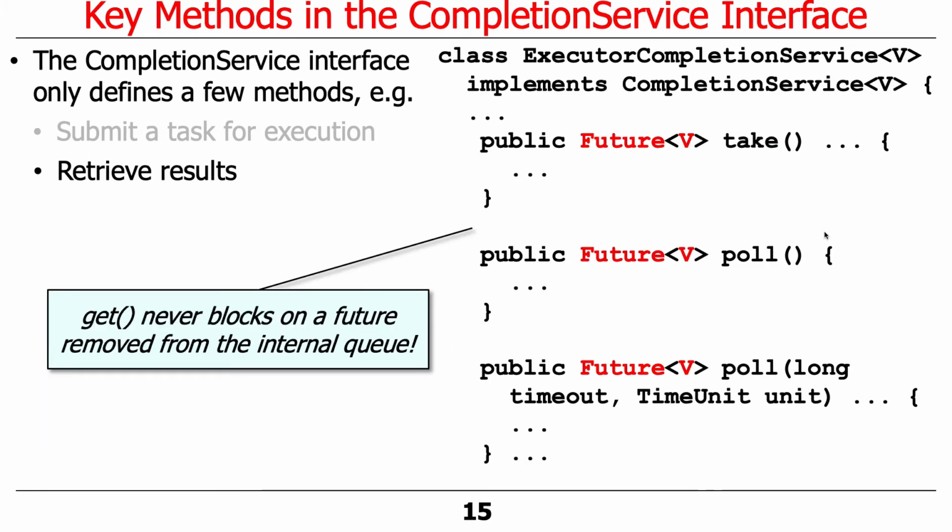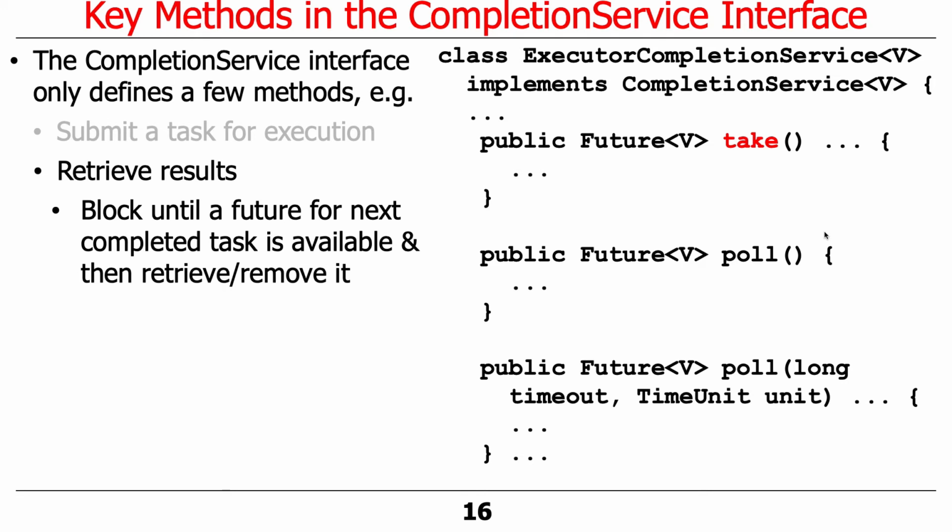The future that you get back from take and poll is guaranteed to never block when you call its get method. That's because you don't show up on the internal queue unless the future is completed. And once the future is completed, then of course when you call get, it'll never block. You might ask, why do we return a future? We'll talk more about that in a second. It's basically to be able to differentiate between successful versus unsuccessful completions.